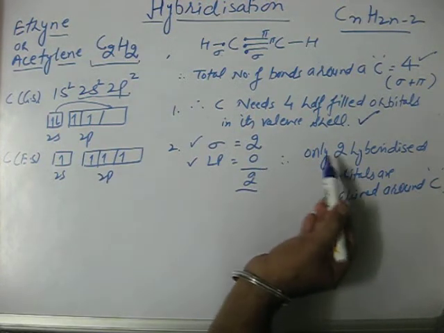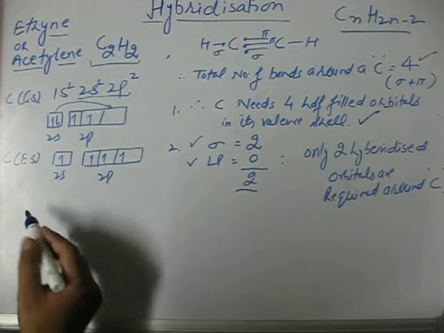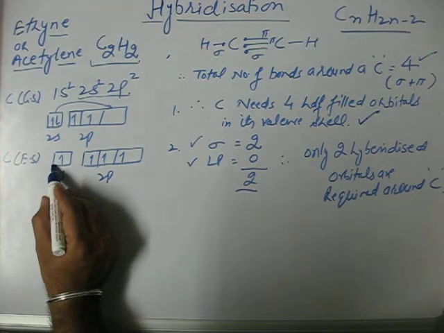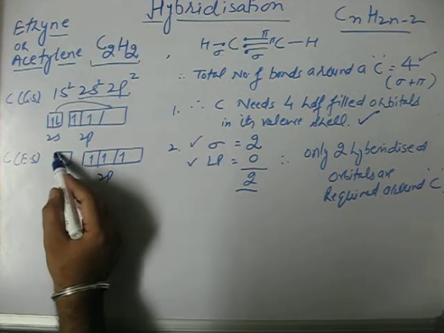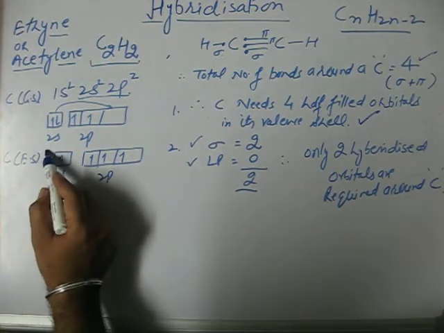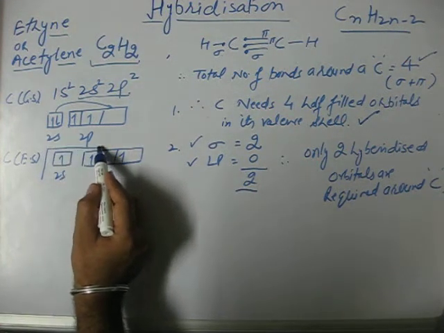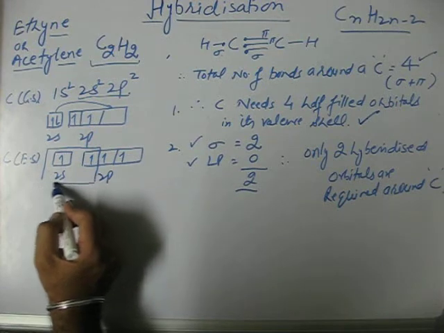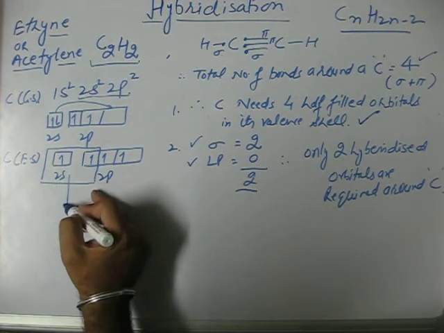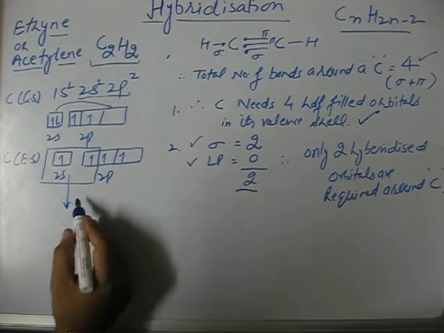Now we'll move on to the second condition, right? In this case we need only 2 hybridized orbitals around carbon. For that you'll see s orbitals are always involved in hybridization, being close to the nucleus. So in this case we'll involve only one s orbital and one p orbital because we need just 2 hybridized orbitals, right?